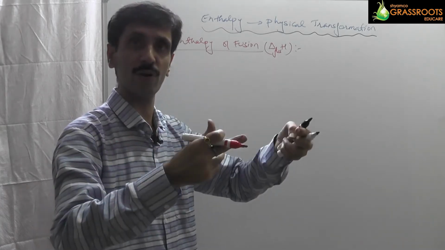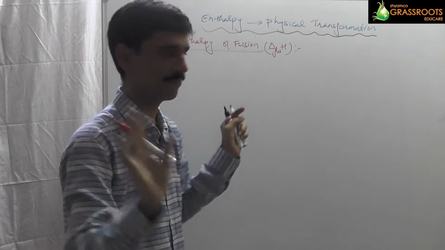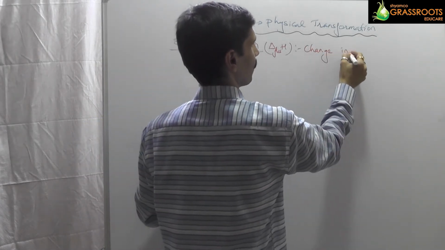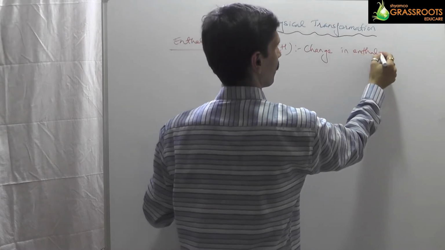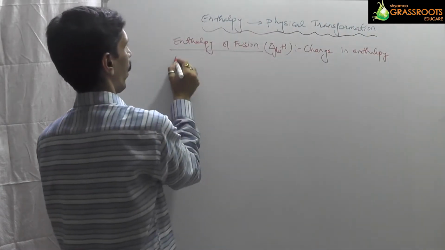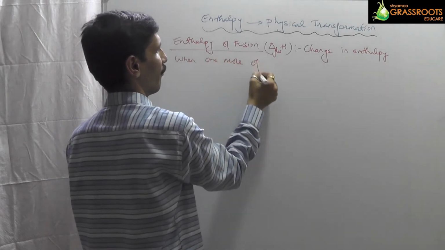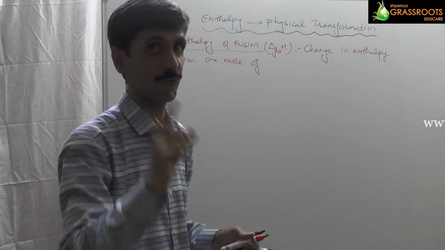Only the conversion that is happening has a slight, minute change, that's it. So to begin with, it is a change in enthalpy when 1 mole of, now the change will come here, fusion.